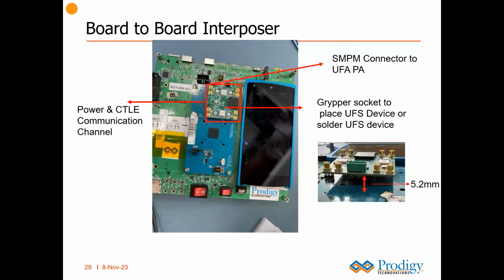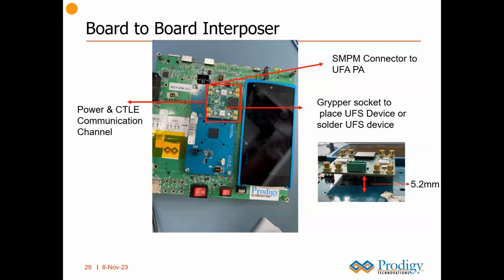So in place of the UFS device, you can solder our small PCB board to the device BGA points. And then on top of it, there is a connector available, and that has a height of around 5.2 millimeter. On top of it, you can keep our interposer board. And this has a gripper socket, so you can keep different devices and check how it is performing.